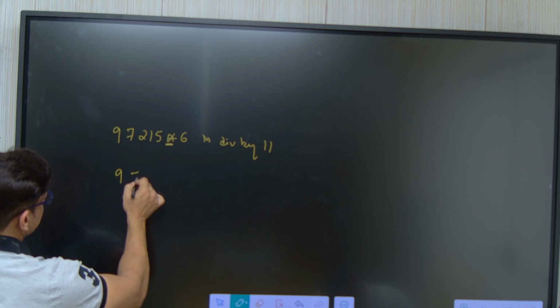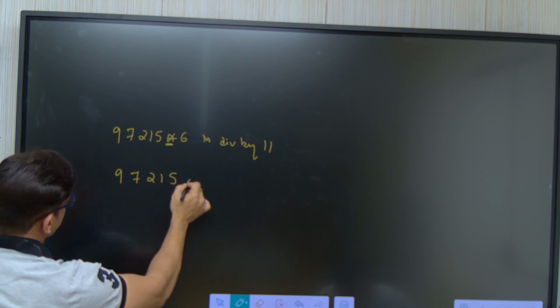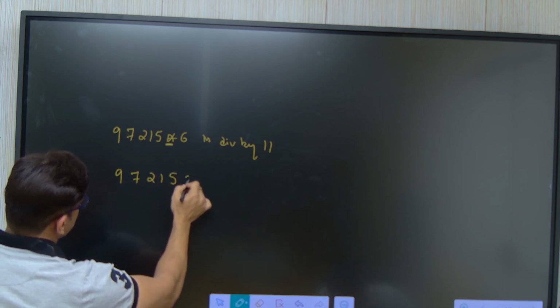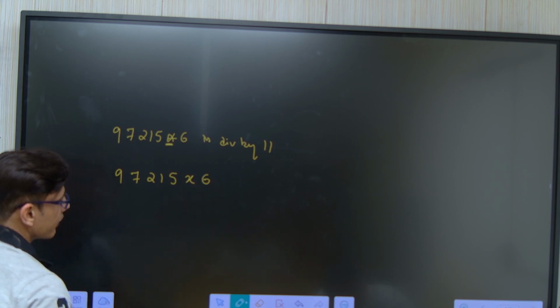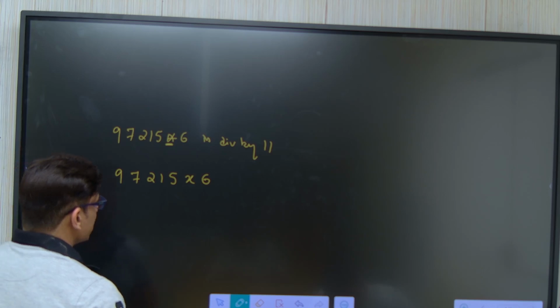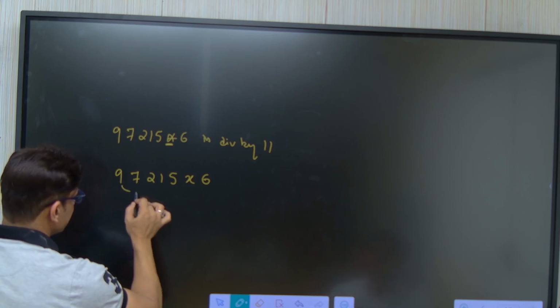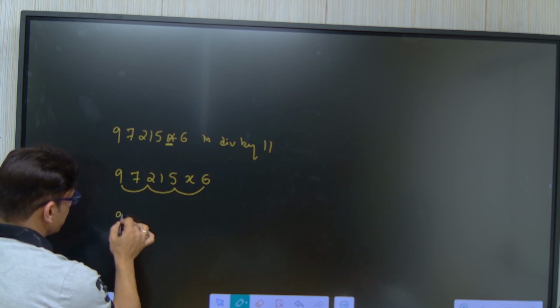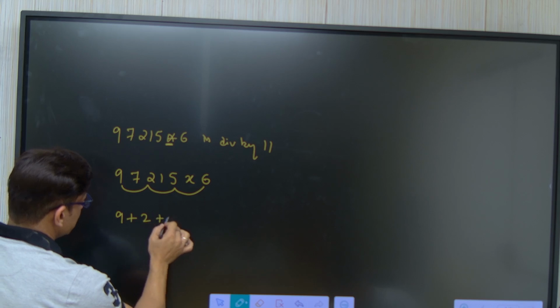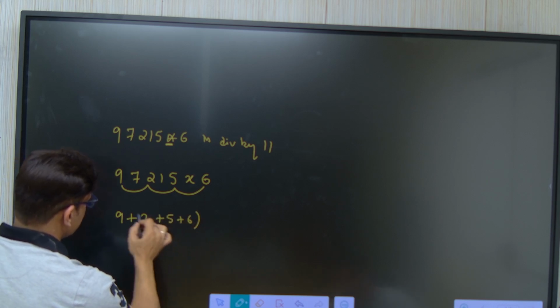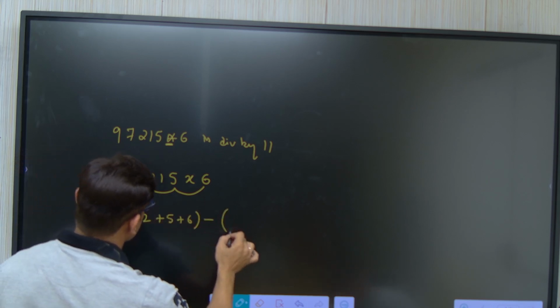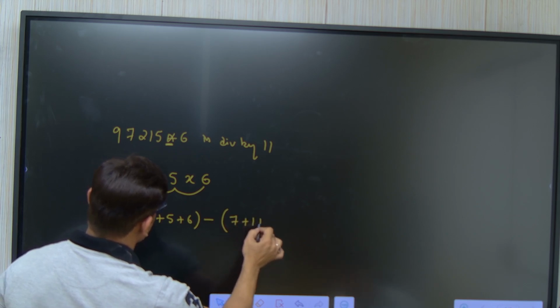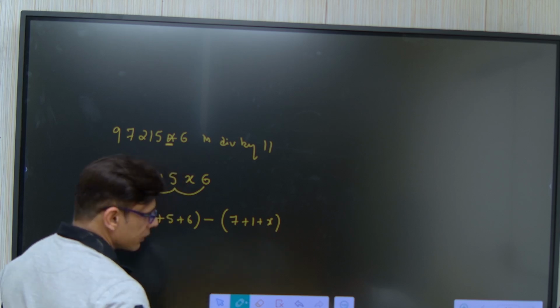This is the number 97215, some missing number, let's say x, and then 6. So divisibility of 11 is what? Take the digits which are at odd places and add them. 9 plus 2 plus 5 plus 6 minus 7 plus 1 plus x.